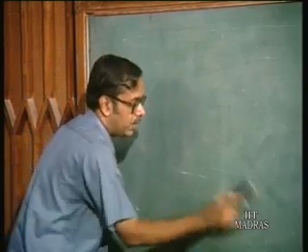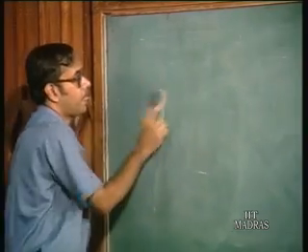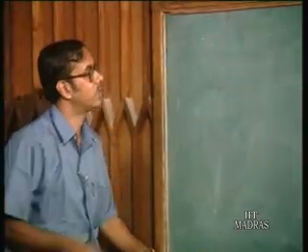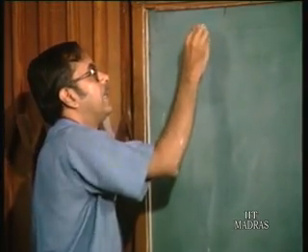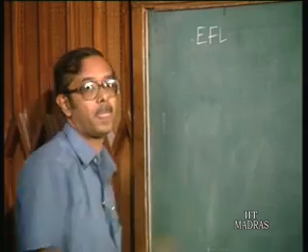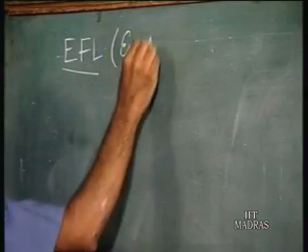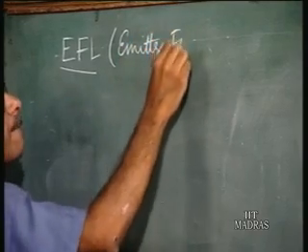We shall take up one of them now. In fact, we shall take up two of them. The first one which we shall take up is called the EFL, which stands for emitter function logic.